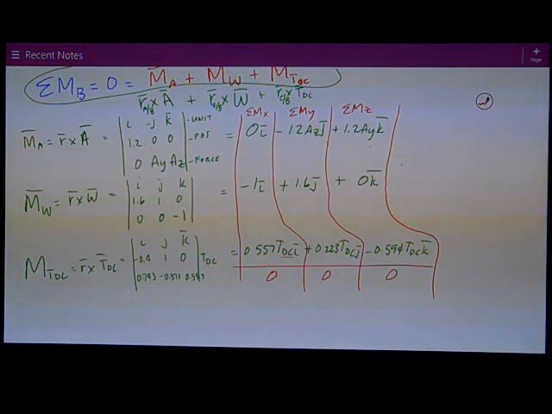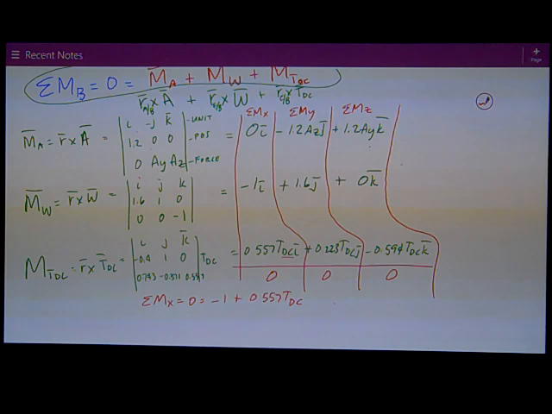So I write out this equation. I write it out horizontally, and it doesn't have much to it. It looks like the sum of the moments in the x direction is equal to 0, is equal to negative 1i. Everything's got an I in it. Plus 0.557 TDC.